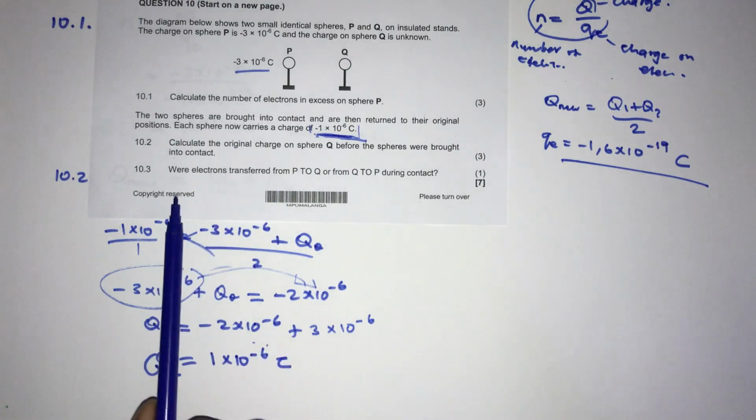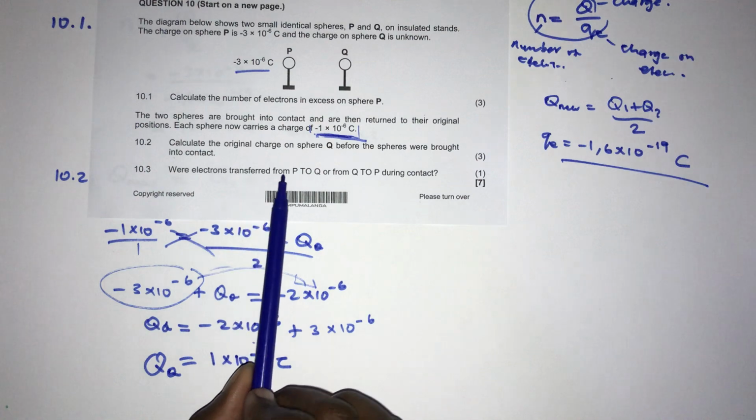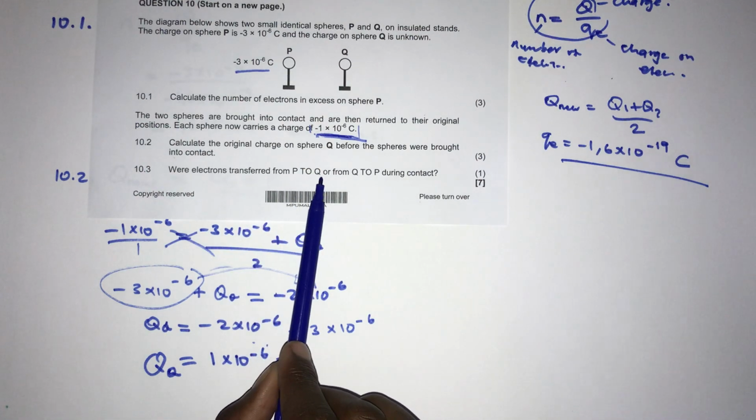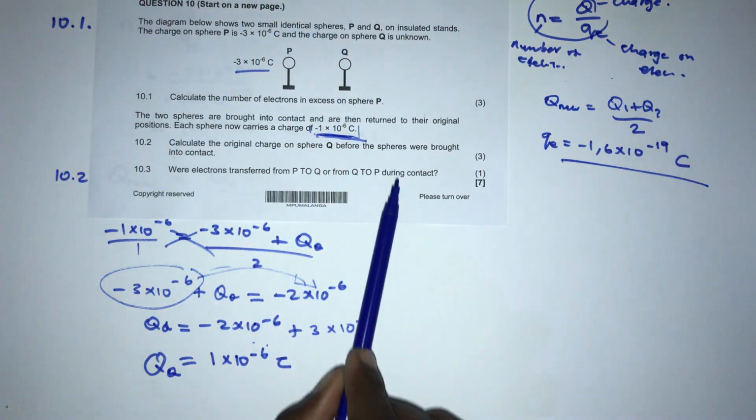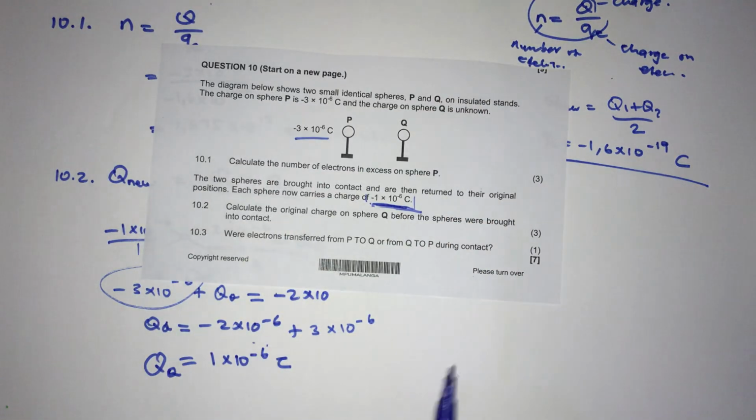Let's check the last question. They said, were electrons transferred from P to Q or from Q to P during contact? Electrons move from the sphere that has excess electrons, that is, from the one that has more electrons.